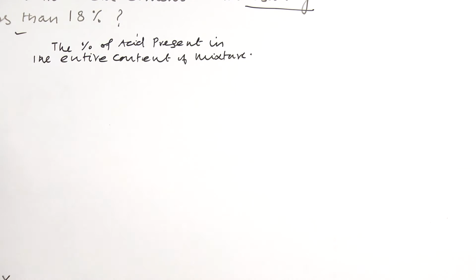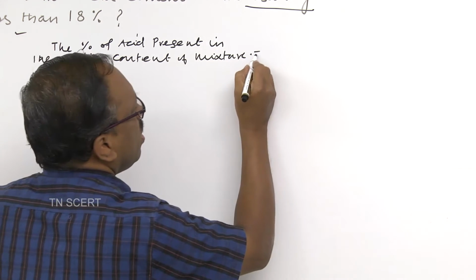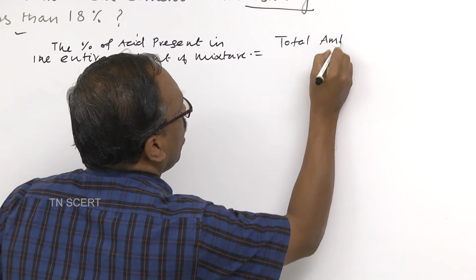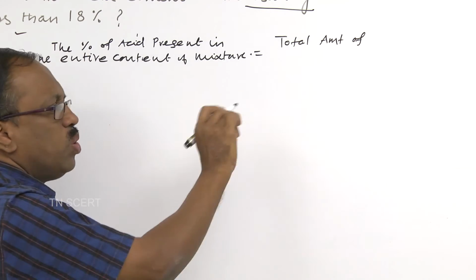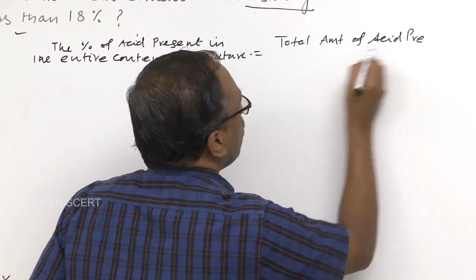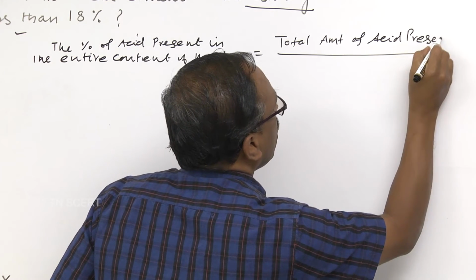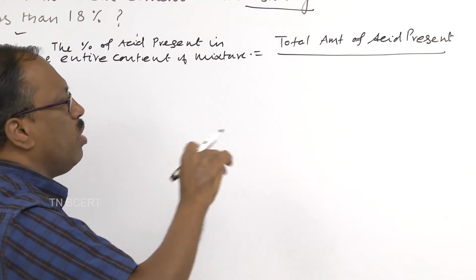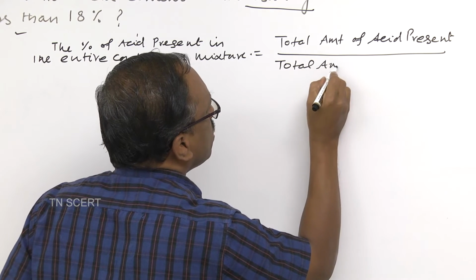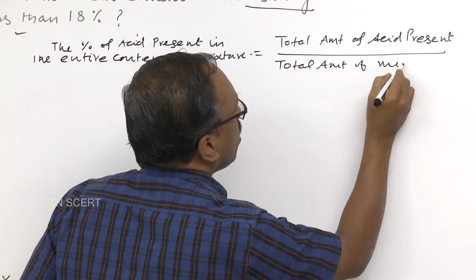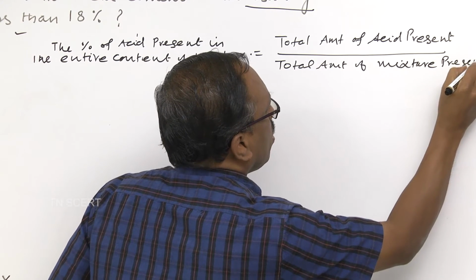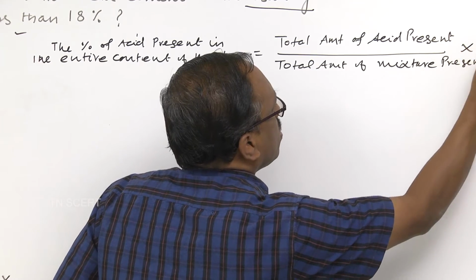How is it to be defined here? That is very important. I will make it simple: the total amount of acid present by the total amount of mixture present, into 100. This is the percentage.